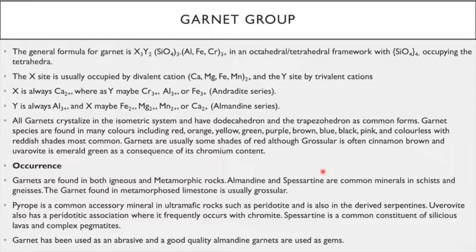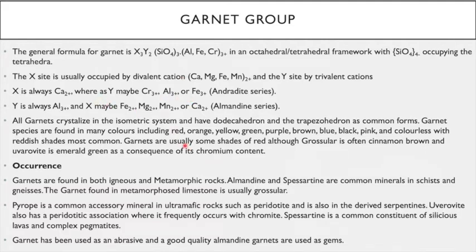The general formula for garnet is X3Y2(SiO4)3, with aluminium, iron, chromium in an octahedral tetrahedral framework with SiO4 occupying the tetrahedra.